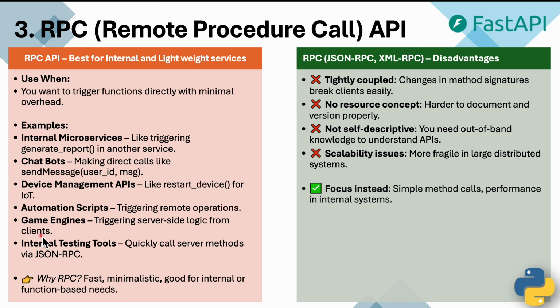For example, you want to introduce a robot or zombie coming into the game, so for that RPC is better. Internal testing tools. Quickly call server methods via JSON-RPC. That can be implemented with internal testing tools.